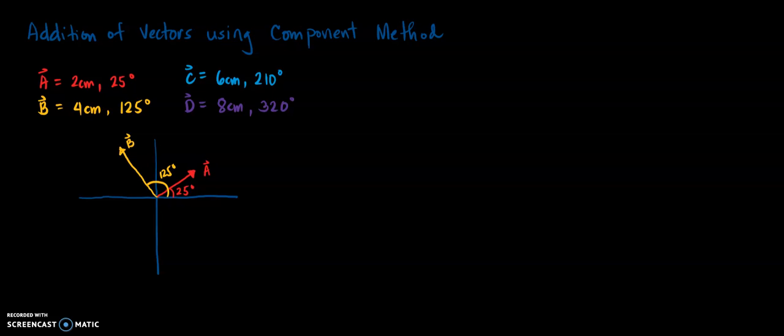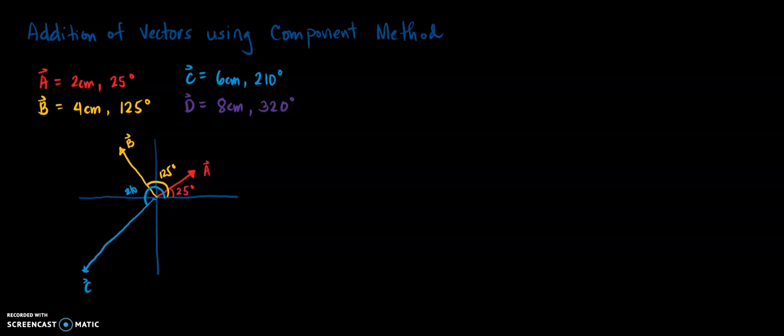Then vector C, 6 centimeters, that is at 210 degrees. The angle is from the positive x-axis up to here.